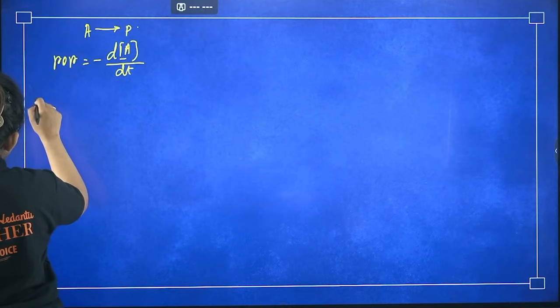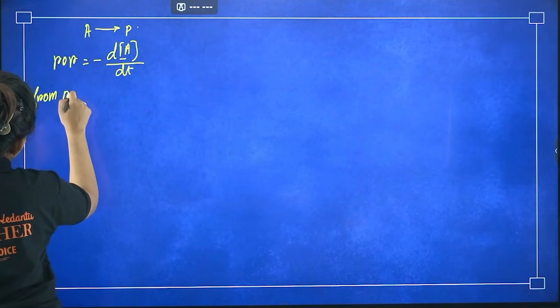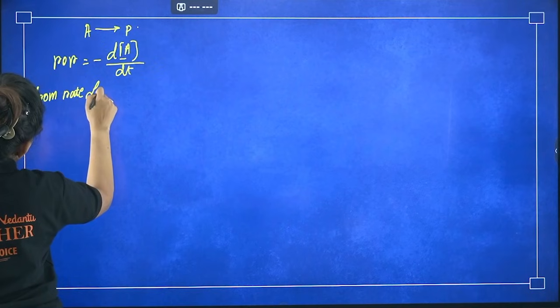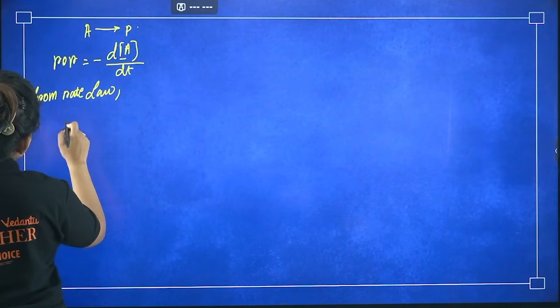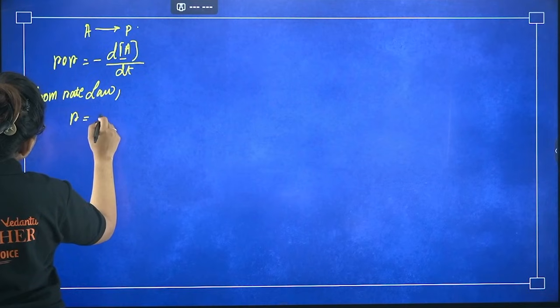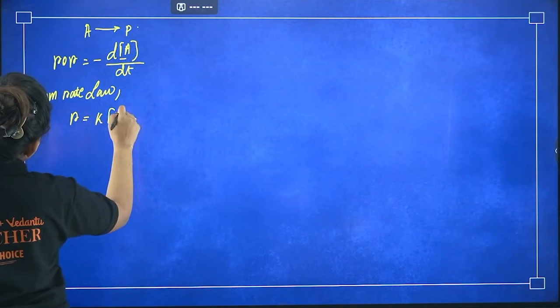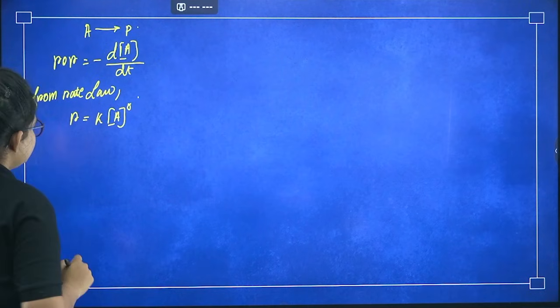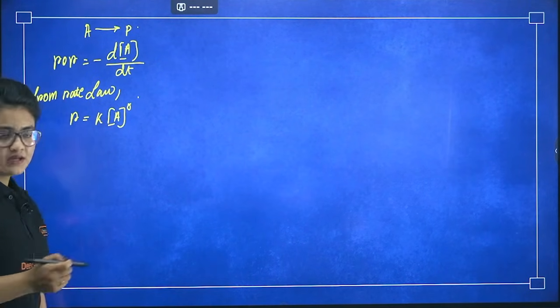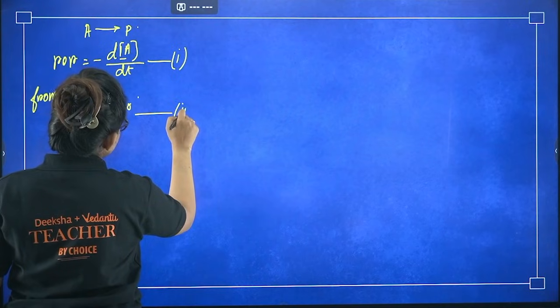From the rate law, if I write, rate equals k[A] power 0, because it is a zero order reaction. Let this be equation number 1 and that be equation number 2.